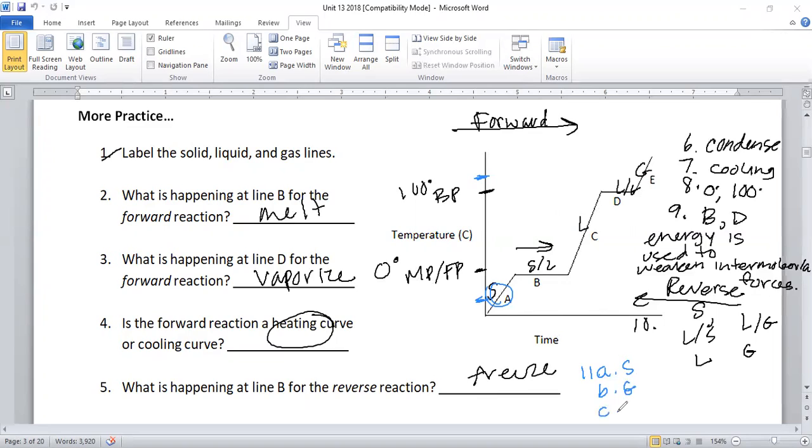C, which phase of matter is represented at 0 degrees? Right here, solid and liquid. And then letter D, at 100 degrees, which is your boiling point, liquid and gas. And then letter E, just liquid.